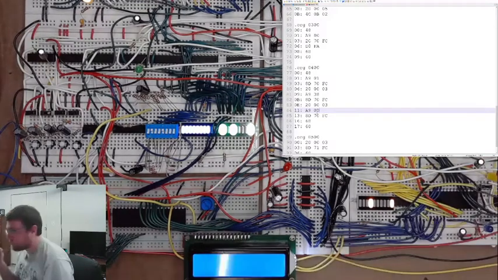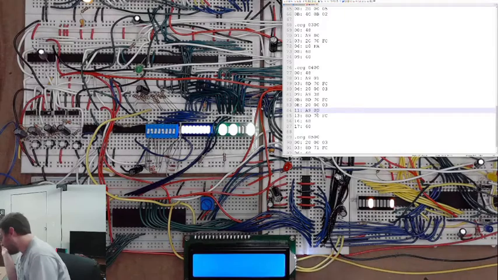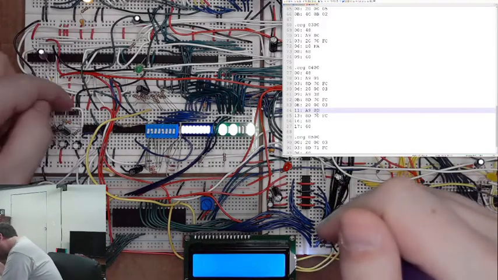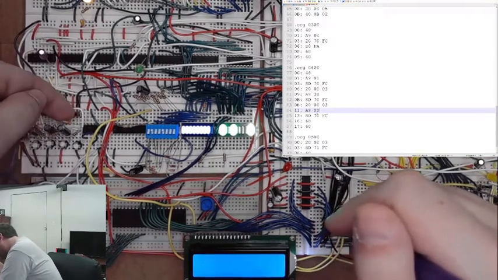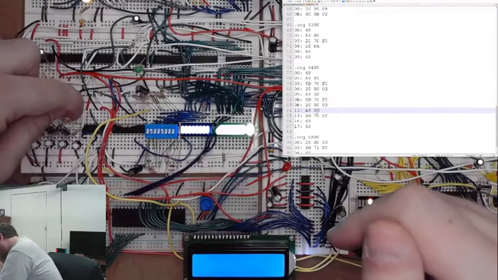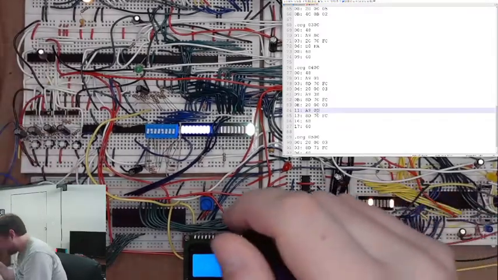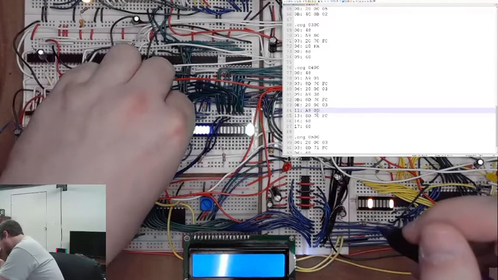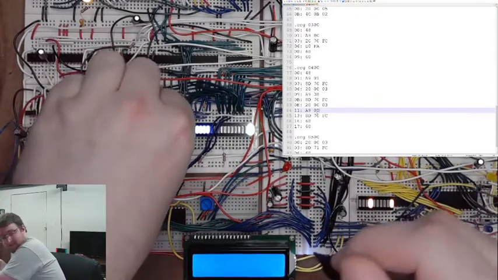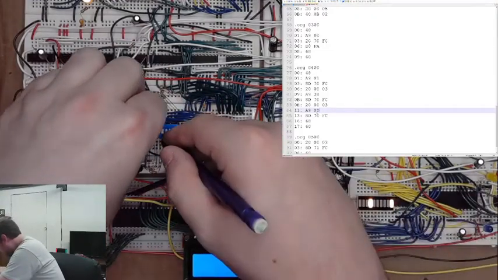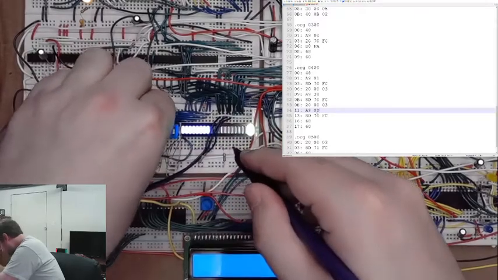I did all that work, and now we have to undo it all. Because I need to be at 4, not 8. Good job, me.